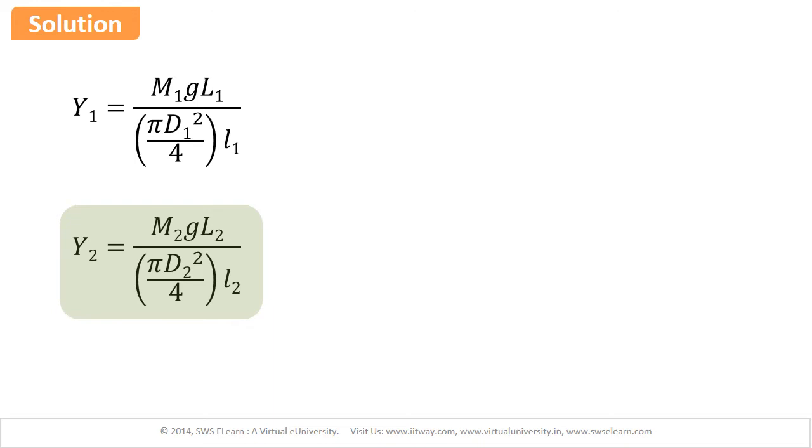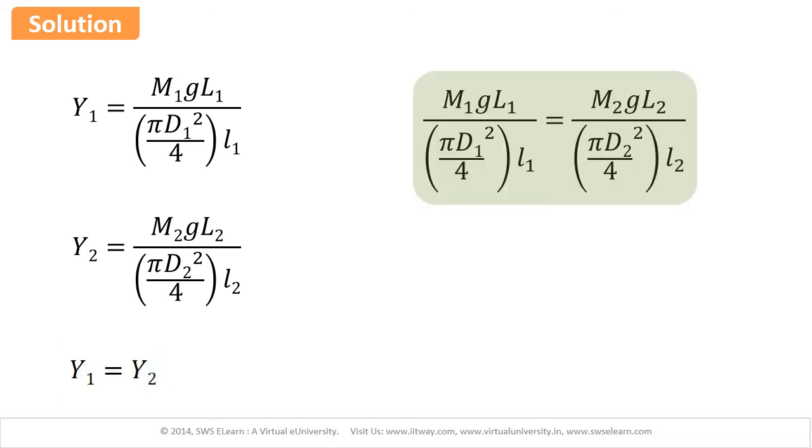As the two wires are made up of the same material, their Young's modulus is the same, and therefore we can equate the above two equations to get M1g L1 upon pi d1 square upon 4 into small l1 equal to M2g L2 upon pi d2 square upon 4 into small l2.